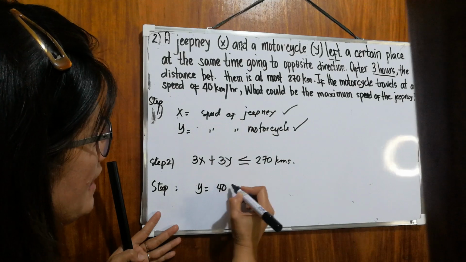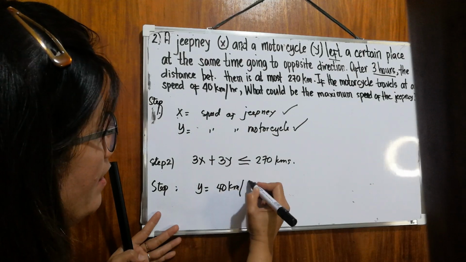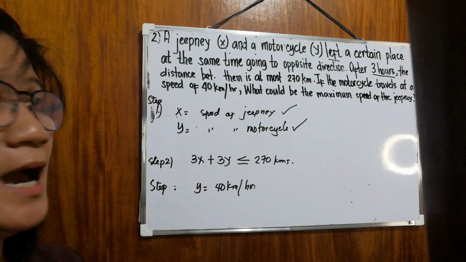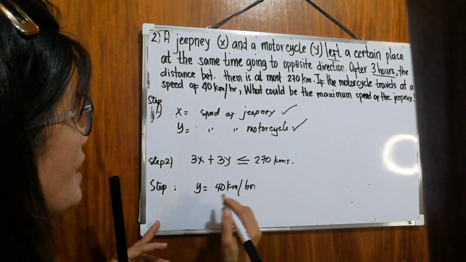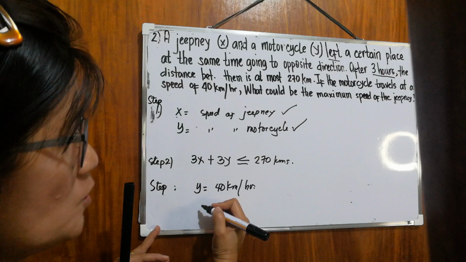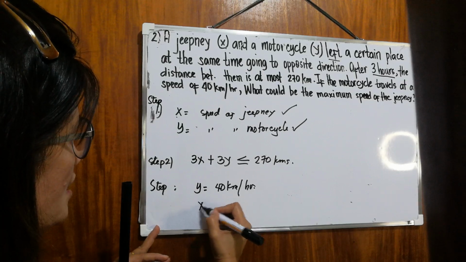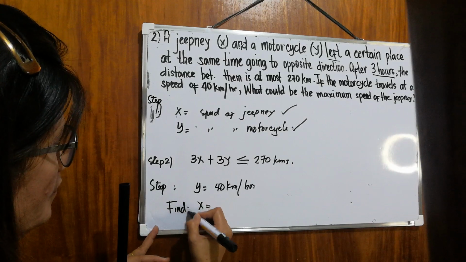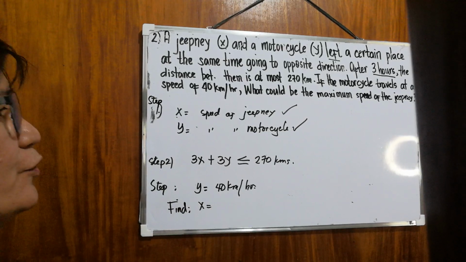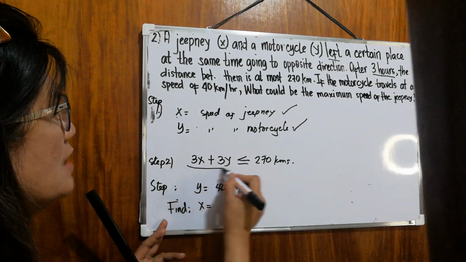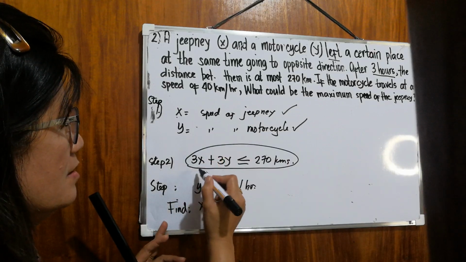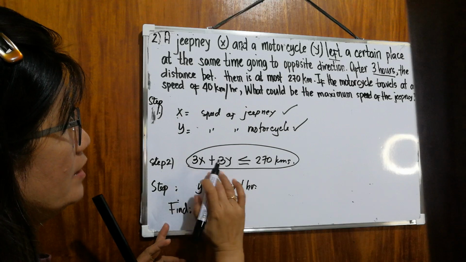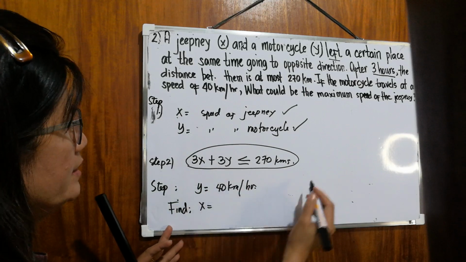We have 40 km per hour. And what is unknown? Ano yung hinahanap sa atin? What could be the maximum speed of the jeepney? So we will find x. Okay? So how do you find x? We will use our mathematicals. We will use this inequality, no? Ito na yung nabuo nating linear inequality.